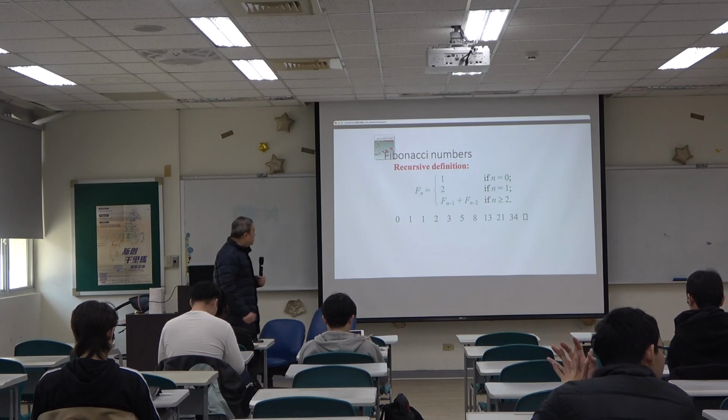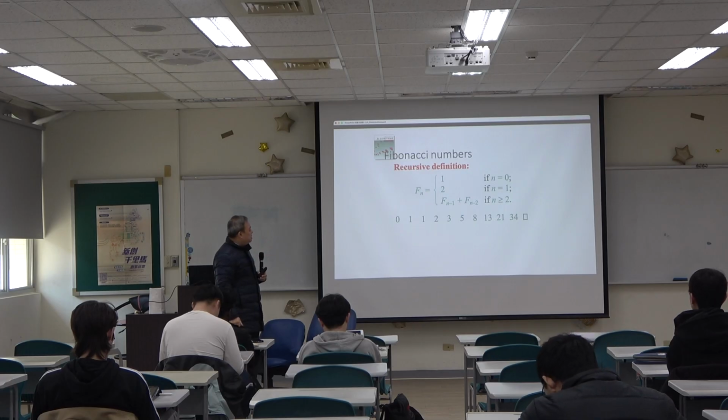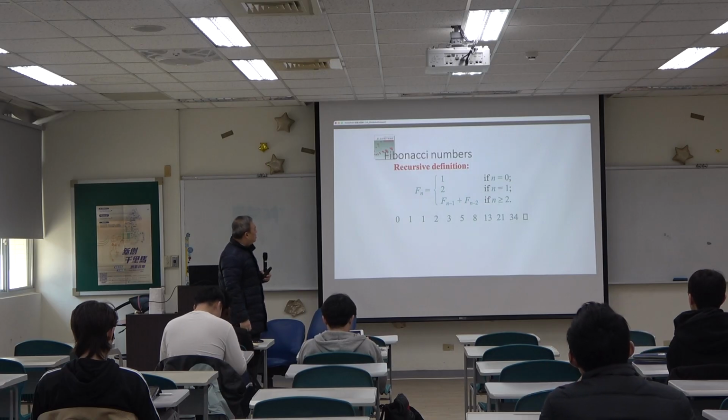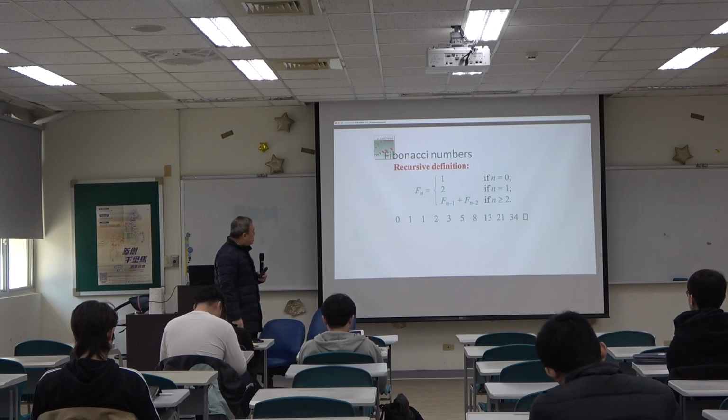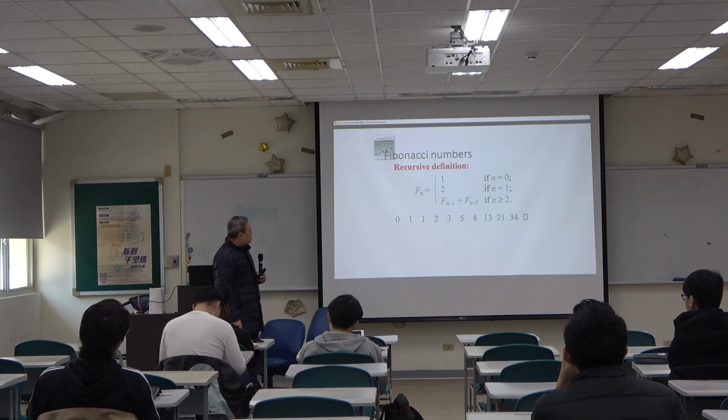But anyway, the Fibonacci numbers, the definition is: F(n) equals 0 if n is 0, 1 if n is 1, and if n is greater or equal to 2, F(n) is F(n-1) plus F(n-2). So this is the general definition of the Fibonacci numbers.